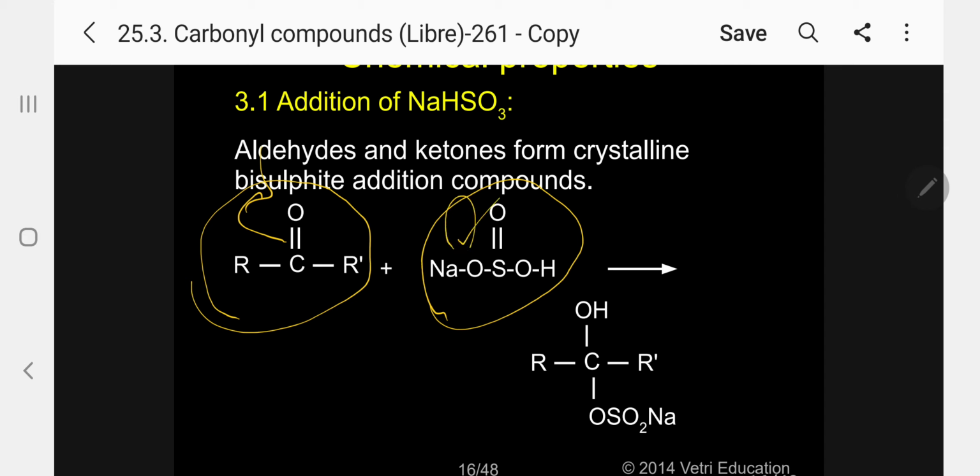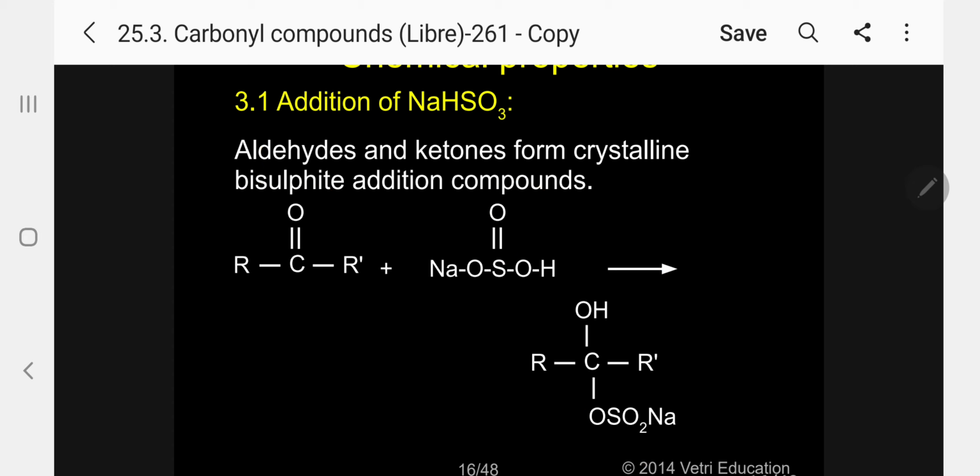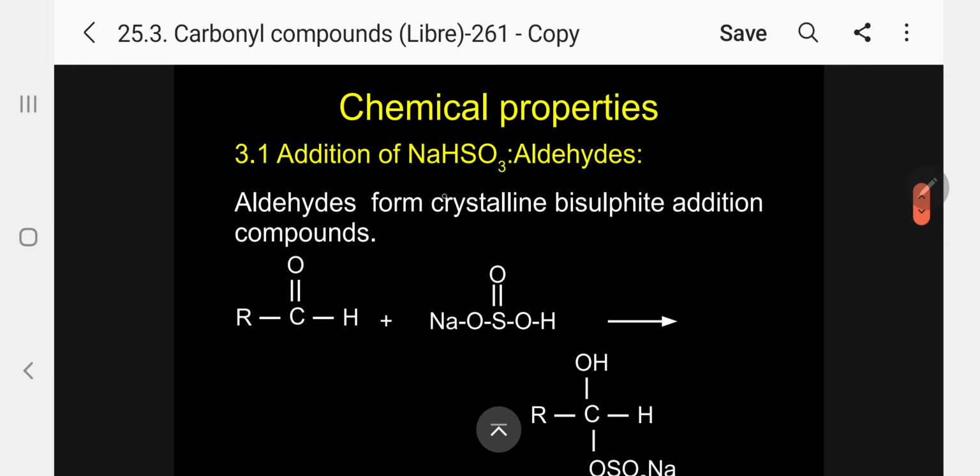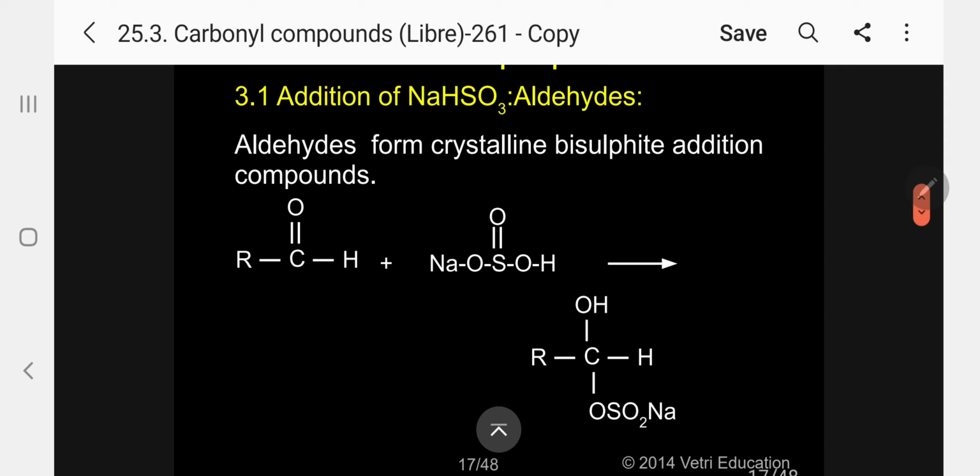Kindly follow. What will happen correspondingly? That H goes here in the form of OH, and you get the sodium sulfonate here. This is followed by hydrolysis, giving the corresponding salt. Kindly see here.